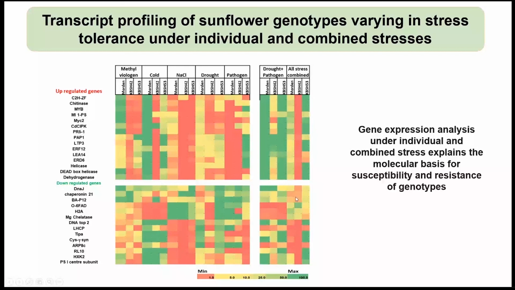So this basically allowed us to conclude that the gene expression analysis under the individual and combined stress can clearly explain the molecular basis for susceptibility and resistance of the genotypes.